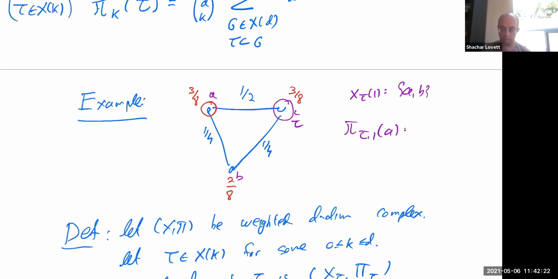Well, pi_tau,1 of A is going to be 3/8 over 3/8 plus 2/8, and pi_tau,1 of B is going to be 2/8 over 3/8 plus 2/8, right? So 3/5 and 2/5.